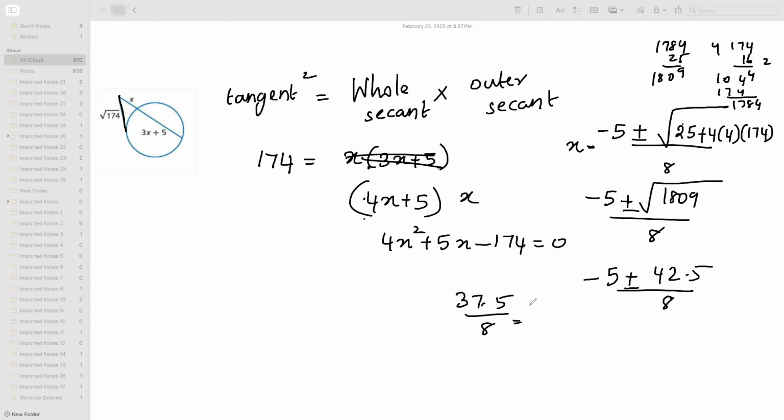That's why it was off. By 2, 8 correct, 42.5. 42.5 minus 5 is 37.5 divided by 8 is correct.